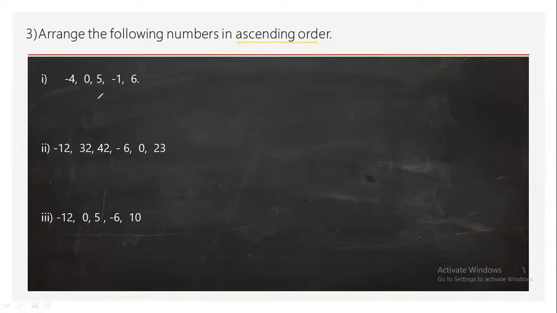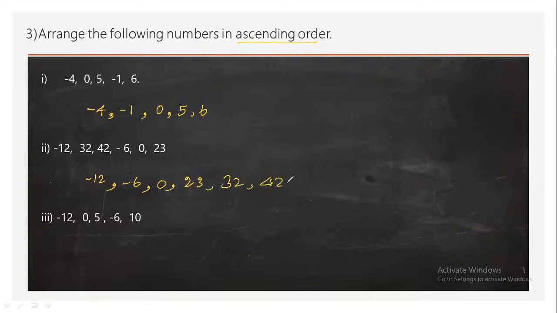So according to this, what is the smallest number? Minus 4. Next smallest is minus 1.